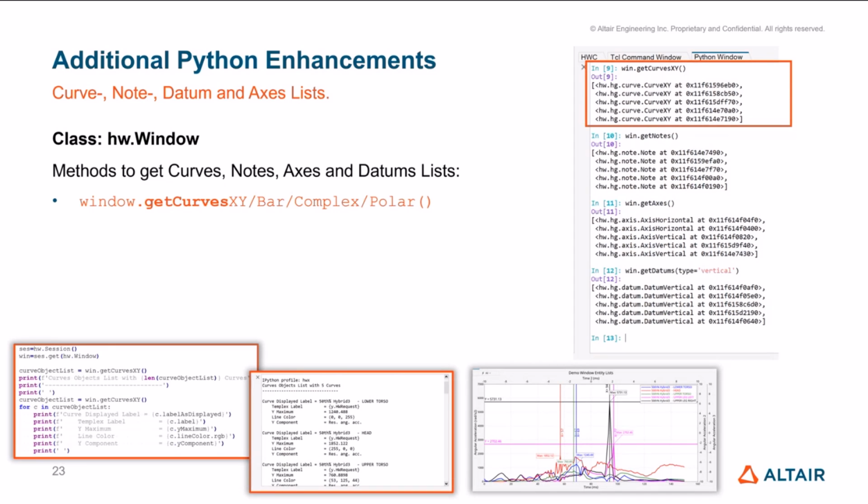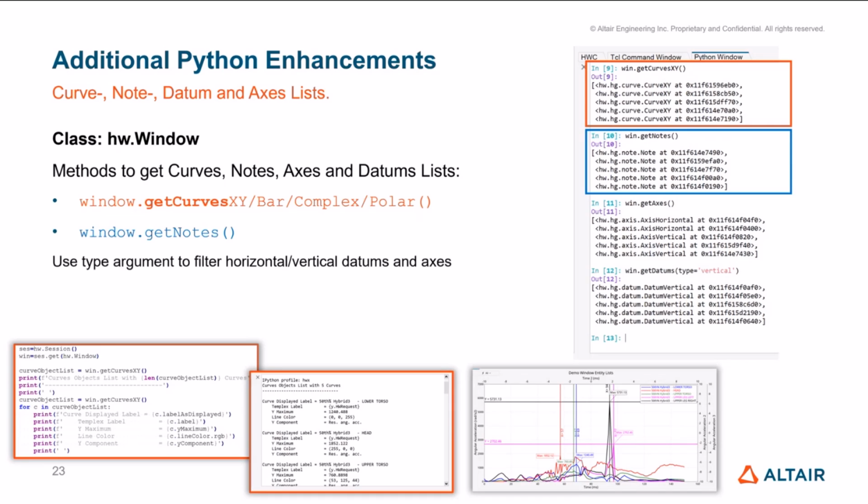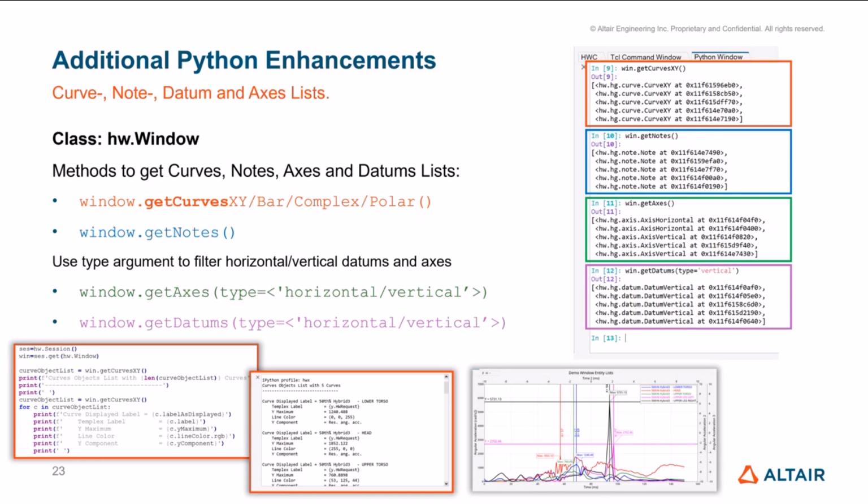The syntax is get curves XY or get curves bar, complex, polar, as you see here. And it's also for nodes. With the type argument we can pre-filter if we want to just get the horizontal or vertical ones. And the same for the datums.